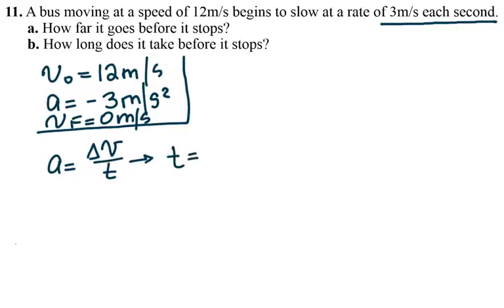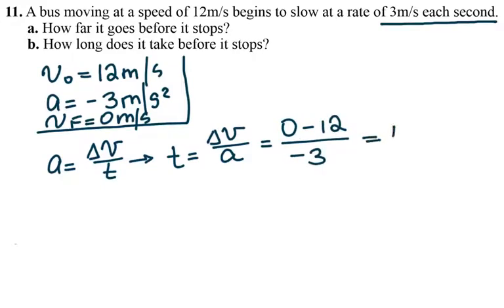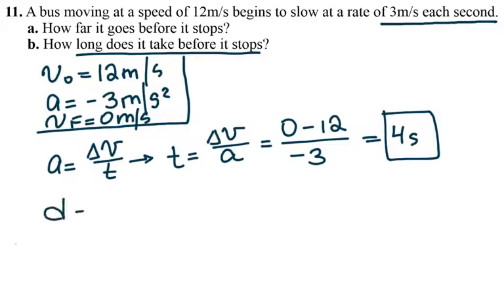So the time is change of the velocity over the acceleration. Final velocity minus initial velocity divided by the acceleration gives me 4 seconds. So that is how long it takes before it stops. And then the distance it traveled before it stops, average velocity times the time.